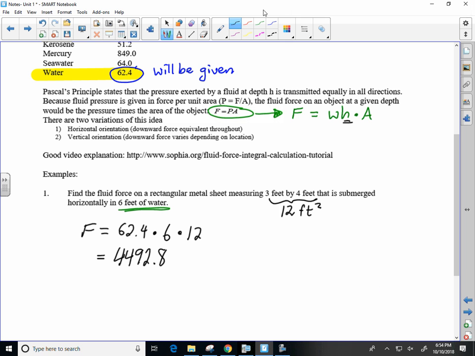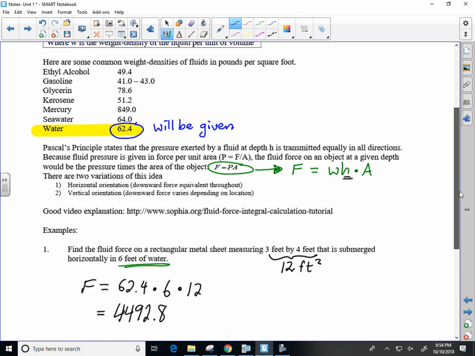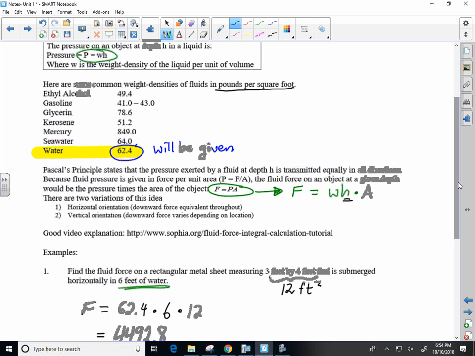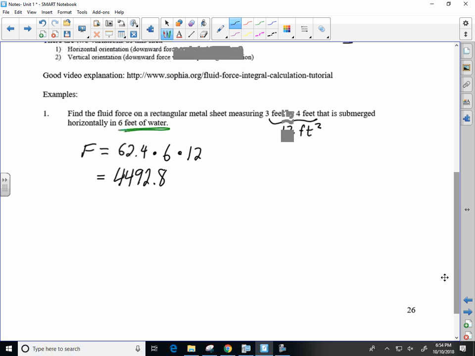All right, in terms of units, pounds per square foot make up the weight density. So I'm just going to carry my calculations down below. Pounds per square foot multiplied by the depth, which is in feet, multiplied by the area, which we knew was in square feet.